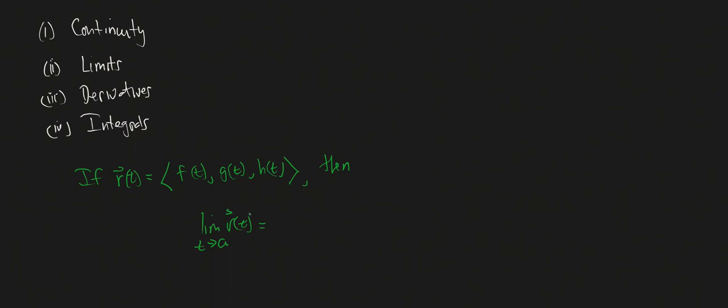Well, how is it computed? It's like we would have 3 limit questions in one. We would have to find the limit, hopefully if it exists, of the first component, so that's f of t as t approaches a, and then we would find the limit as t approaches a of the middle component, and then the limit of the third component.